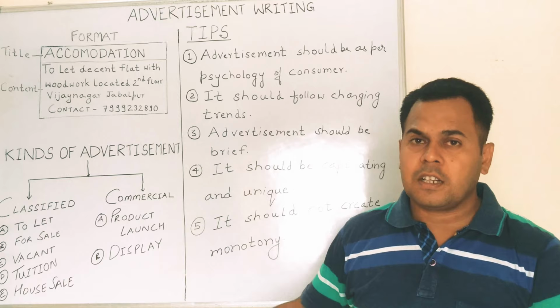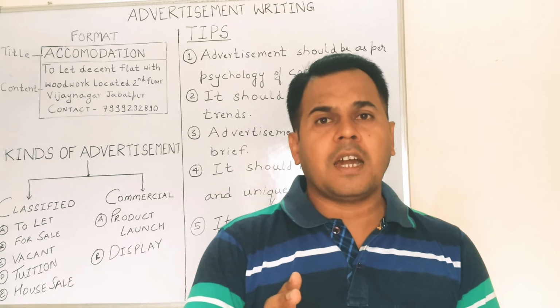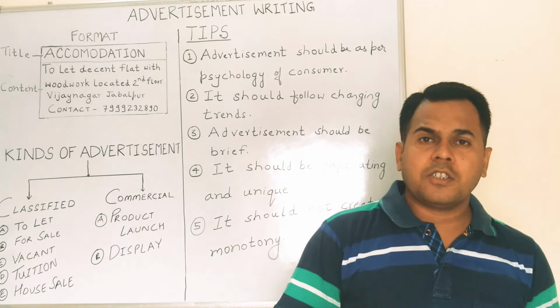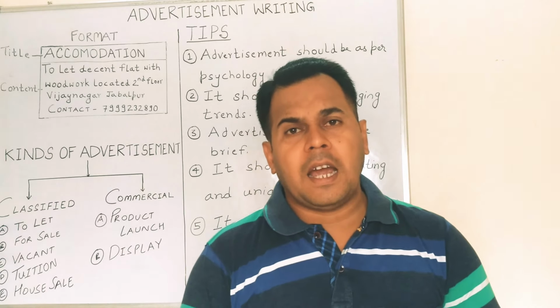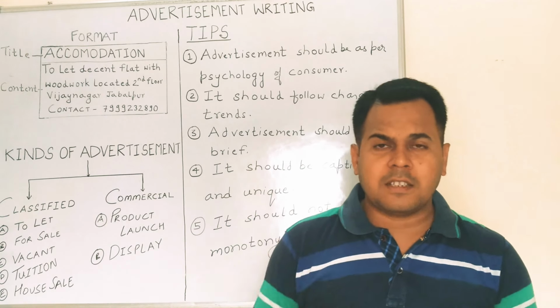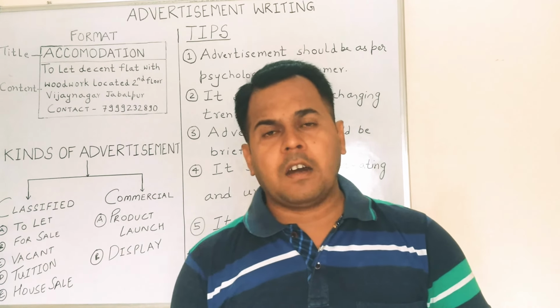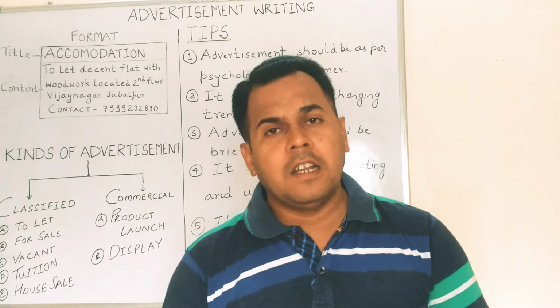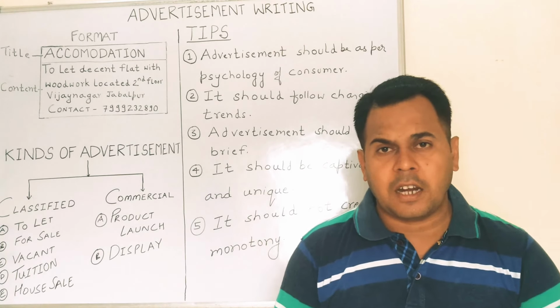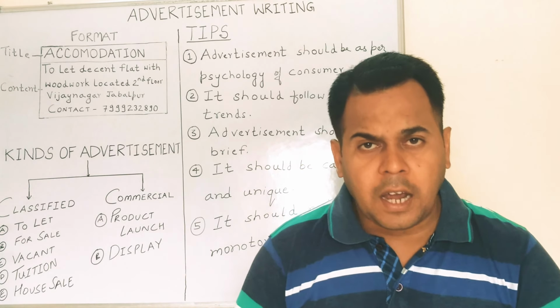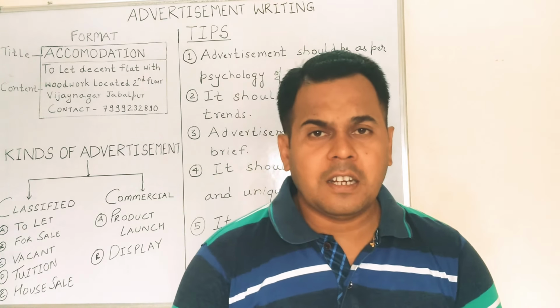Second is commercial. Commercial ad is for product launching and display ad. In product launching, they show a big ad. They take big space in the newspaper and then run that ad, like for the launching of any car, for the launching of any vehicle, that's called your commercial ad. So these are the two types of advertisements you can give in the newspaper.